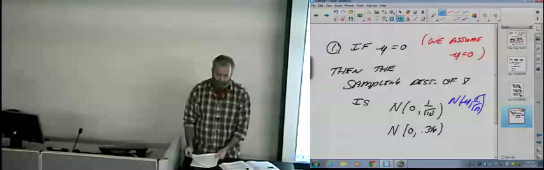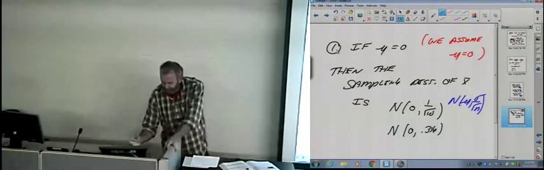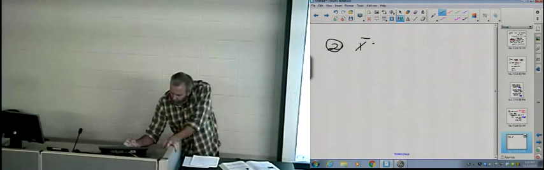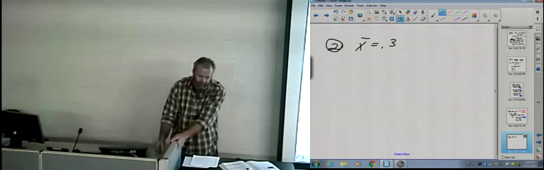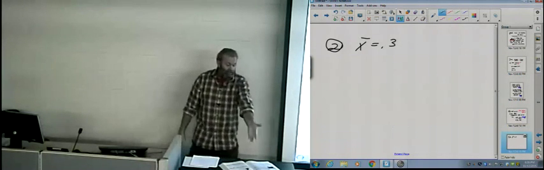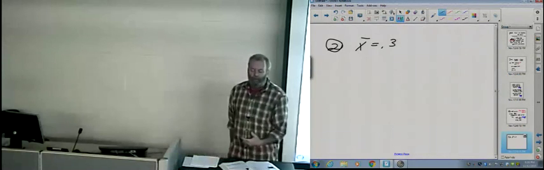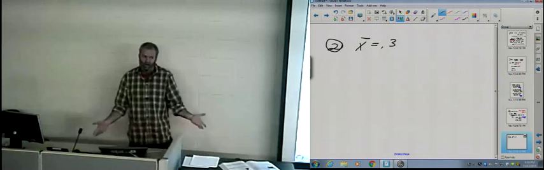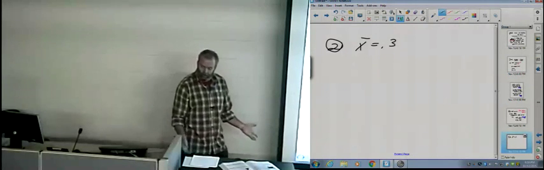So, number 2. Our x bar was 0.3. Those 10 trained tasters, the mean loss that they were seeing was 0.3 over those 10. Okay?